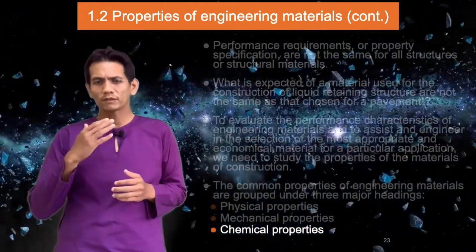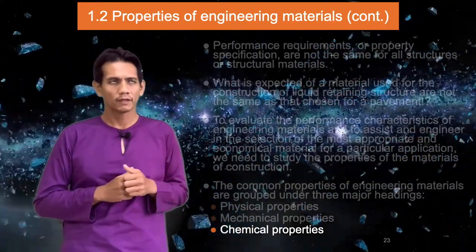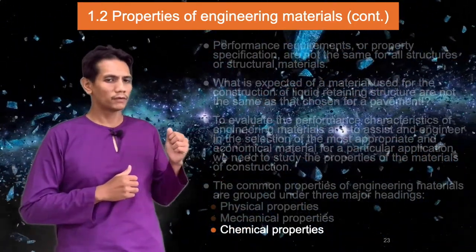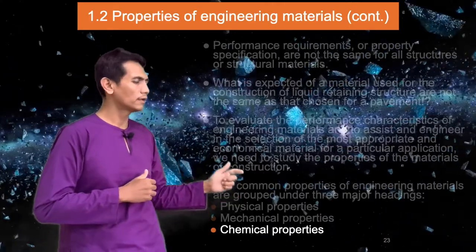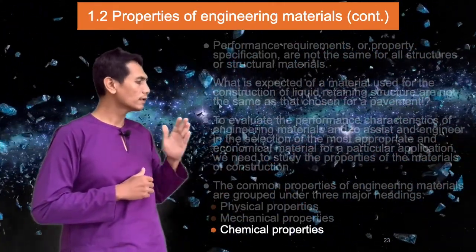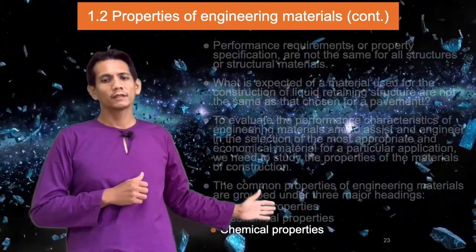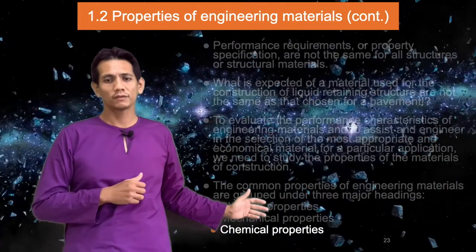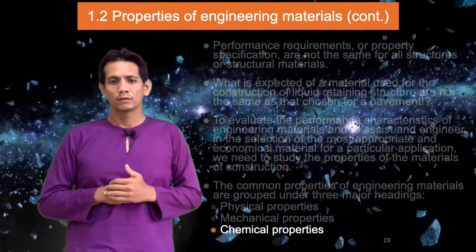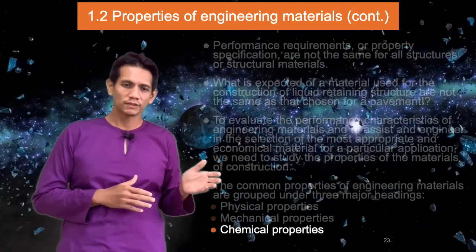So the common properties of engineering materials are grouped under three major headings. We have physical properties, mechanical properties, and the last one is chemical properties. These are the three key major headings that we need to consider in terms of properties of engineering materials.